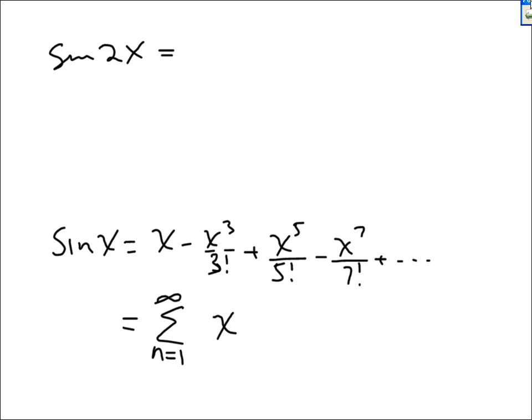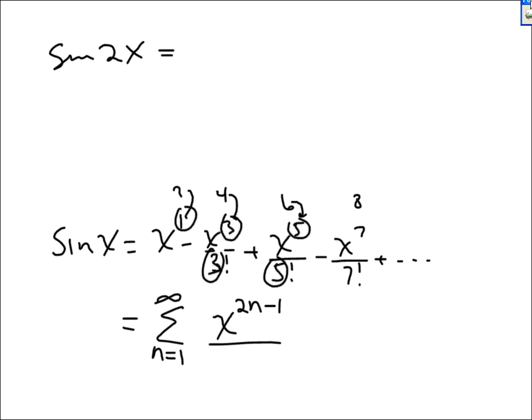Now, the powers keep going up by 2. So I think of the 2 times table: 2, 4, 6, 8. And I notice that my powers are always 1 less than the 2 times table. So I take away 1. And the powers of x happen to be the same as the denominators, which are factorials. So it's 2n minus 1 factorial. And there's the answer. That's the sine of x.